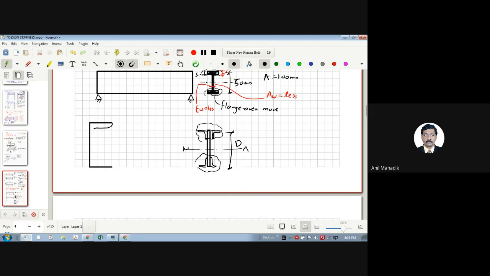If you look at it like this, it will appear like this. See, flange thickness is more, correct? Or flange area is more, and web area is less, because I don't want much mass near the neutral axis. So again, you will see the same thing.